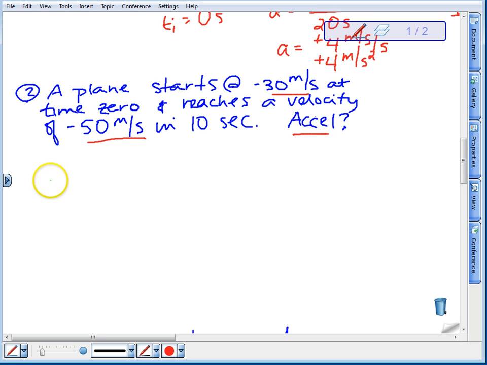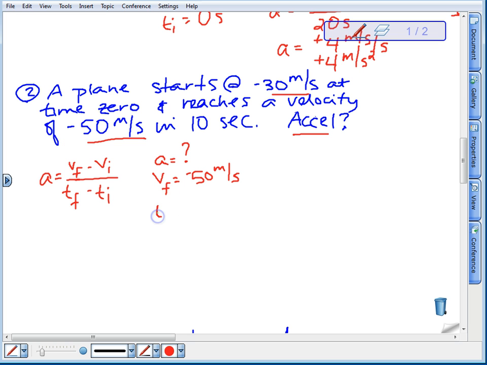So the question is, what's the acceleration? Acceleration is VF minus VI over TF minus TI. My acceleration, I don't know. VF, my final velocity was negative 50 meters per second. My VI was negative 30 meters per second.